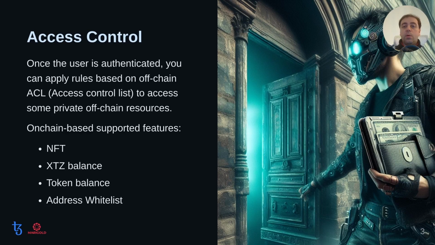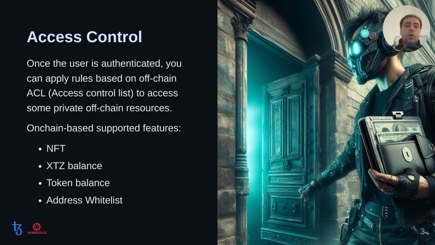The library also ships what we call an ACL, for access control list, which is the authorization side. So it means you can define rules to limit the access to the resources that are on your backend system.